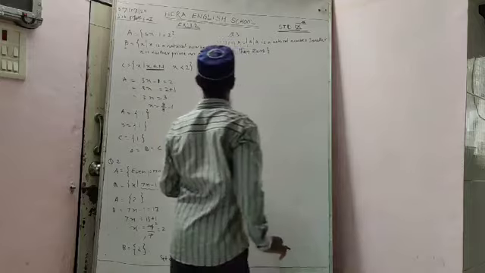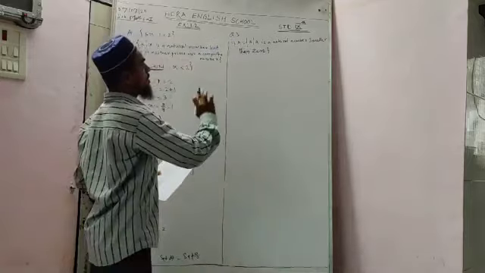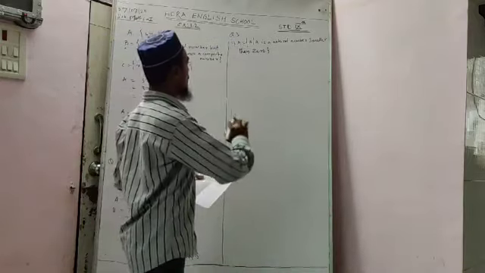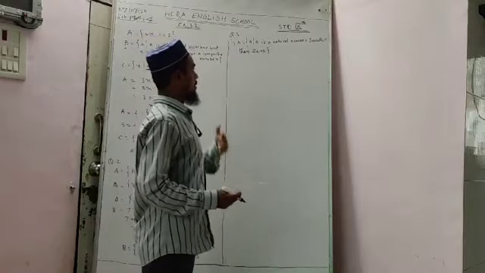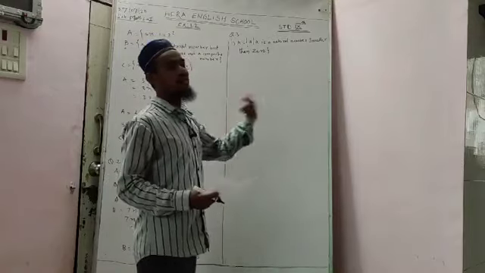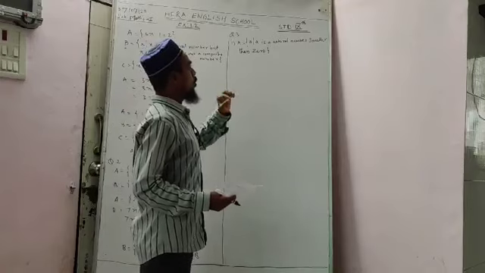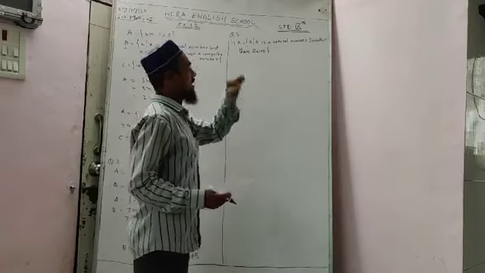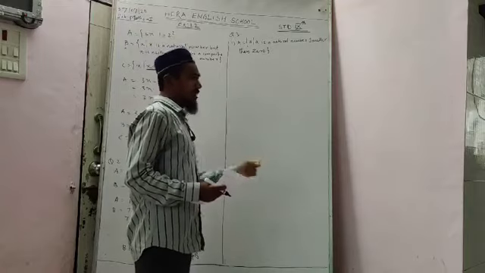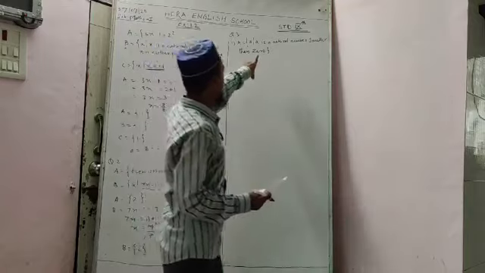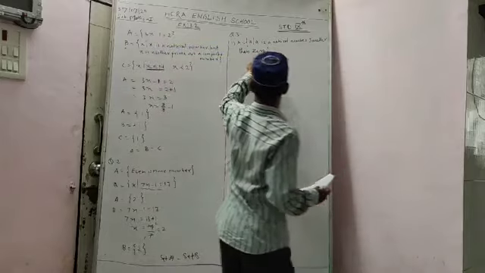In this set we have the statement that A is a natural number smaller than 0. You know very well that natural numbers start from 1: 1, 2, 3, 4, 5, 6. There is nothing less than 1 included in the natural numbers. Here we have the statement smaller than 0.